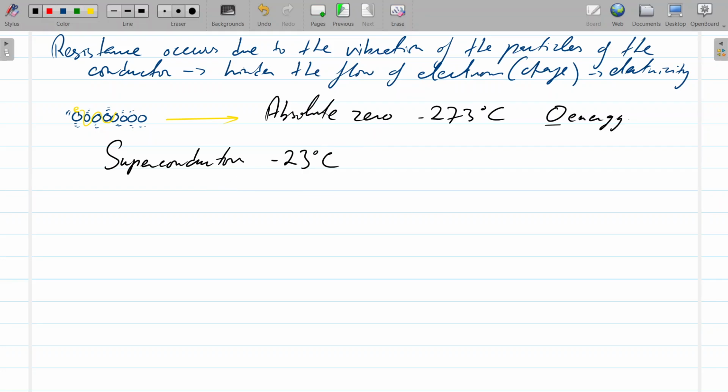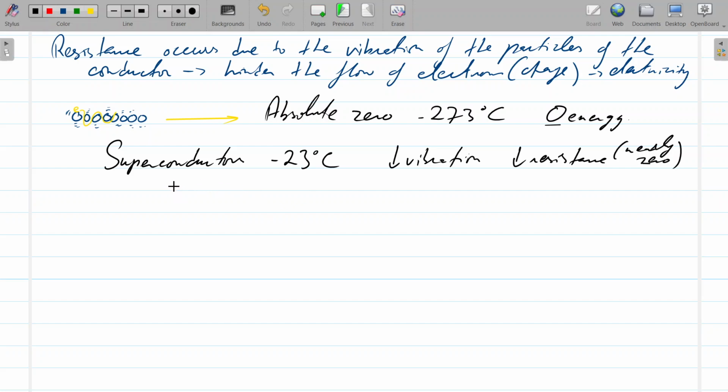And so what happens is, because the temperature is so low, the vibration of the particles of this conductor is so low that resistance is nearly zero or very low. The temperature might be different, the material might be different, but when they cool it, that happens. And so why are they superconductors?